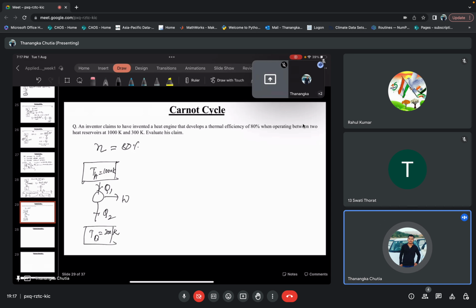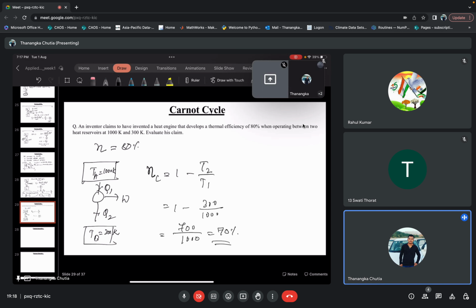Now 80% efficiency is given. We just have to compare this with the Carnot efficiency, which is 1 minus T2 by T1. Okay, 1 minus 300 by 1000, that is 700 by 1000, which is 70%.